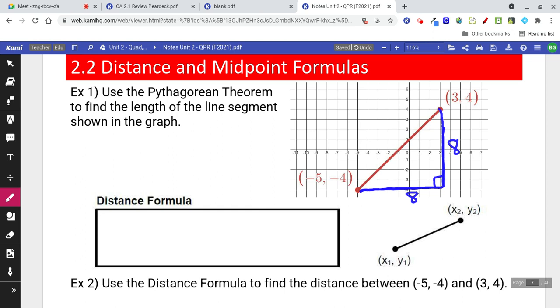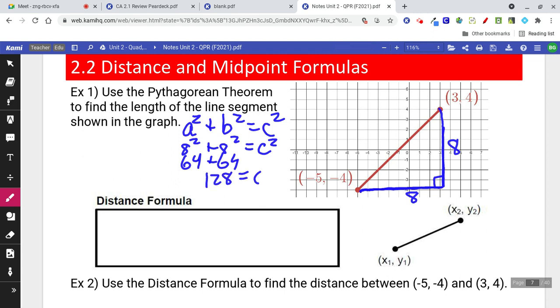So we know Pythagorean theorem is a squared plus b squared equals c squared. That's going to be 8 squared plus 8 squared equals c squared. That's 64 plus 64 is 128. 128 equals c squared.